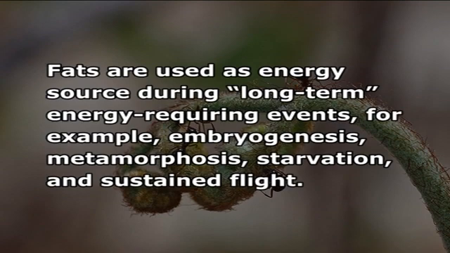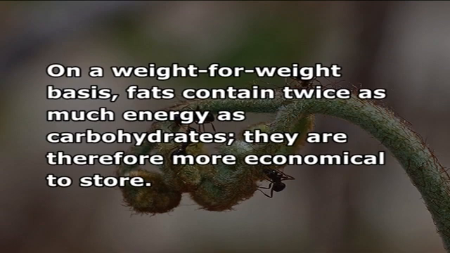Fats are used as an energy source during long-term energy-requiring events, for example, embryogenesis, metamorphosis, starvation and sustained flight. On a weight for weight basis, fats contain twice as much energy as carbohydrates. They are therefore more economical to store.